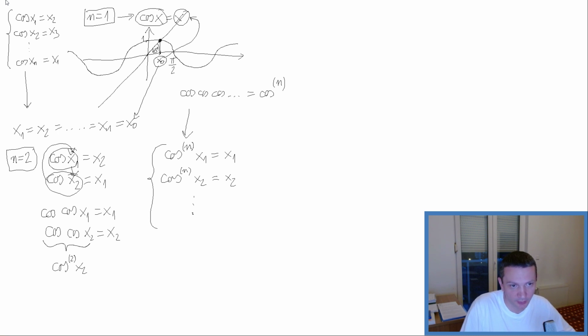And now, in general, we will look at this equation, cosine n times of x equal to x. We will show that this equation has a unique solution, and that unique solution is exactly the same x0 as pictured above.